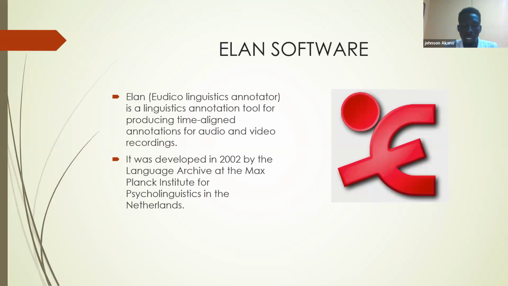Now, before you can do anything, you need ELAN to work on the data you've collected. It was developed in 2002, about 21 years ago, by the Language Archive at Max Planck Institute for Psycholinguistics in the Netherlands. It's been around for a while, and year after year they try to upgrade the software to make it better.